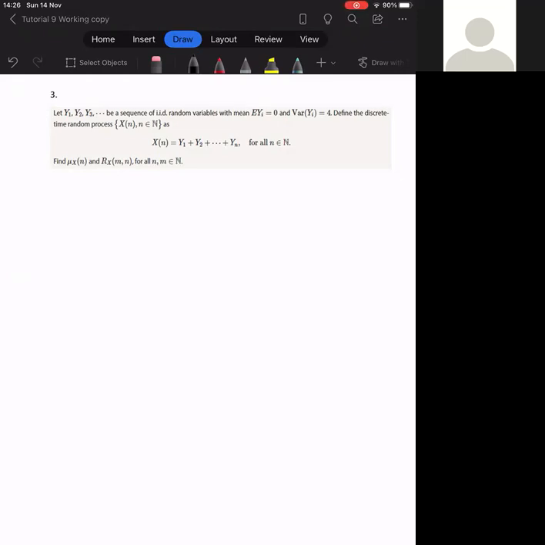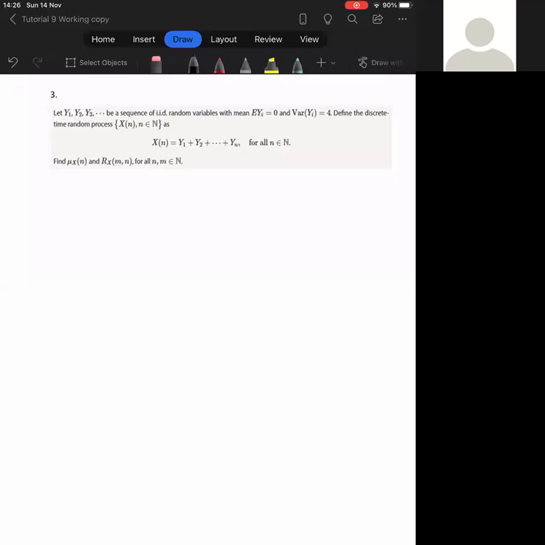It's just the sum of all of the yi's, okay, where n belongs to the set of natural numbers. Find mu x of n and Rx of m and n. That's the autocorrelation with respect to x of m and n. For all n, m belong to N, capital N.